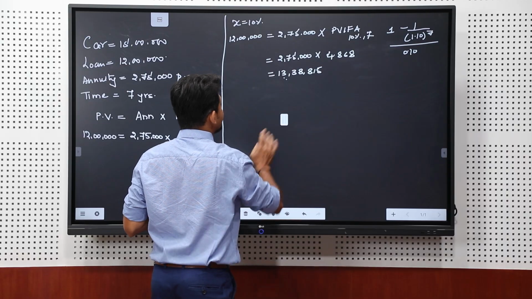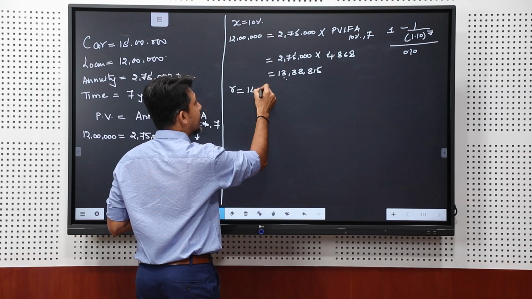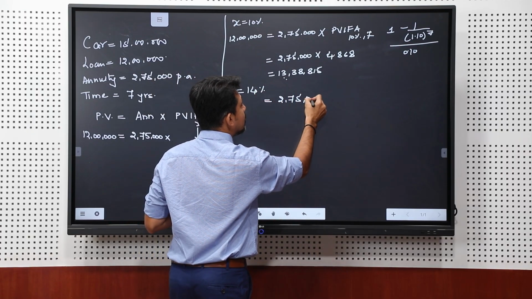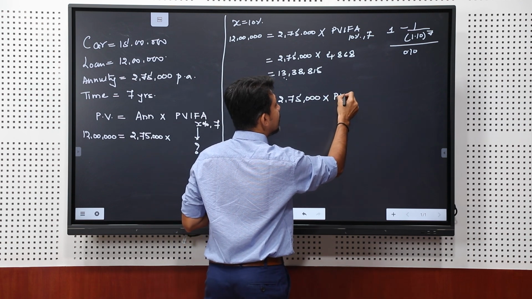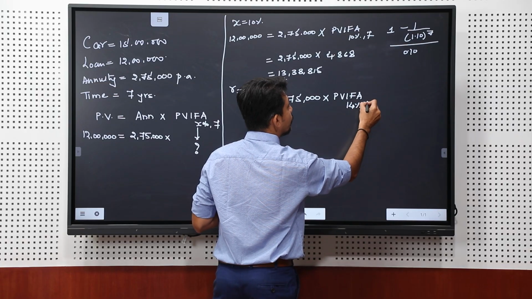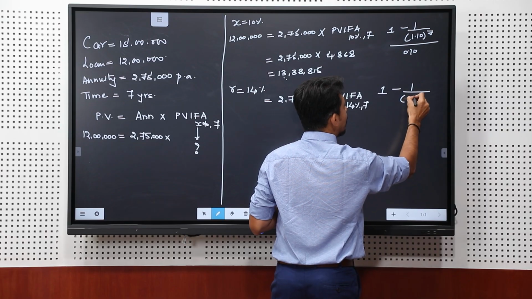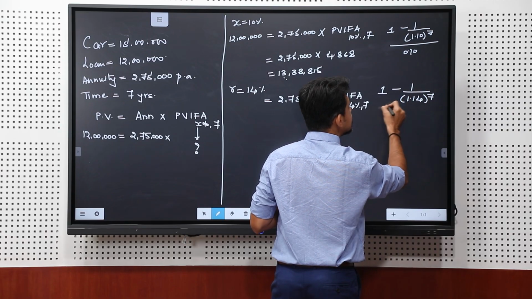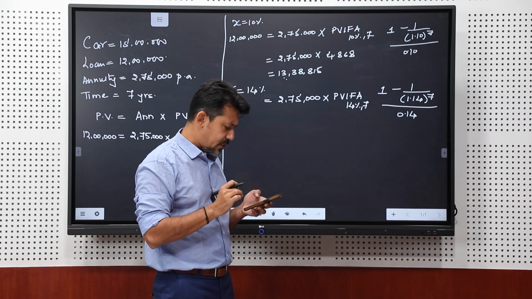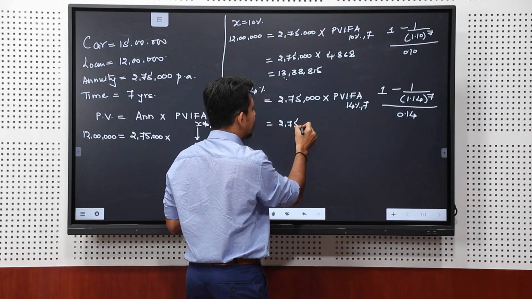Let me assume R equal to 14%, right. So it is 2,75,000 into PVIFA at 14% for 7 years. That's 1 minus 1 upon 1.14 raised to 7 divided by 0.14. So that's 4.288. That's your annuity factor.